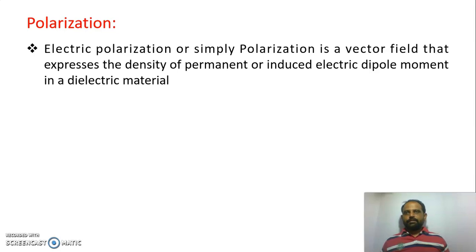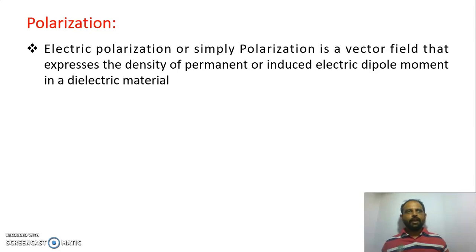We know that dielectric materials are used in a capacitor, in the space between the two parallel plates. So there is an electric field. Due to that electric field, these polar molecules are arranged in a particular manner.